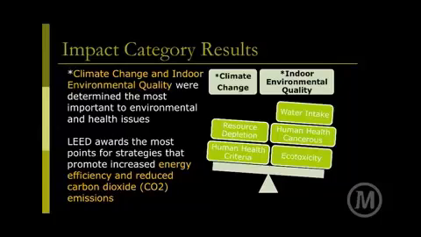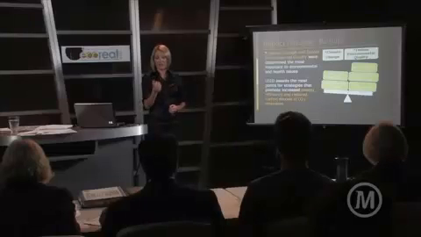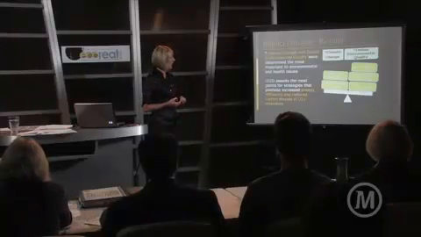But they looked at the two most important ones based on this scientific process they went through. And climate change and indoor environmental quality were seen as the most pressing issues that we're seeing right now, presently. And this will get reevaluated. But that's what they're seeing right now.